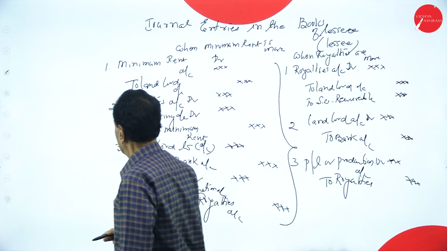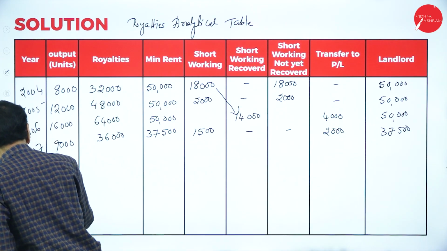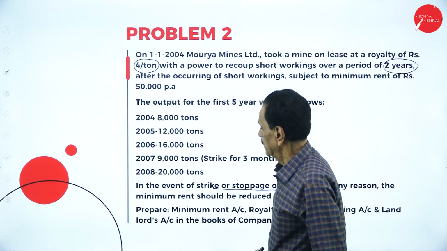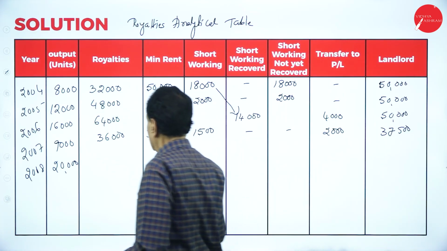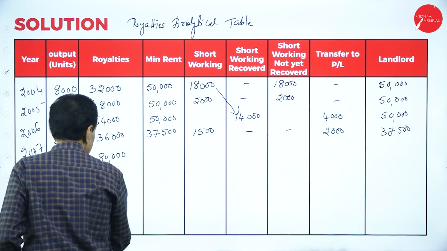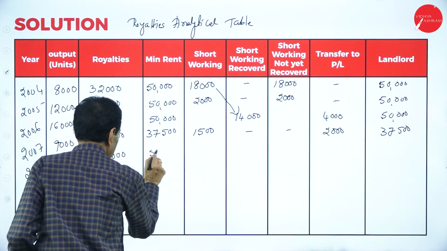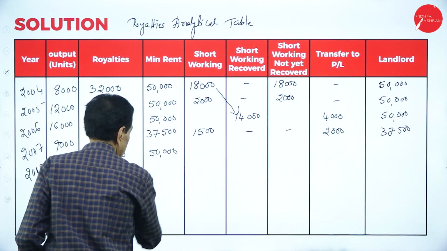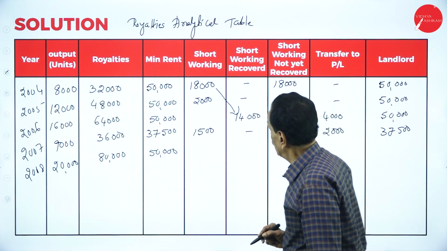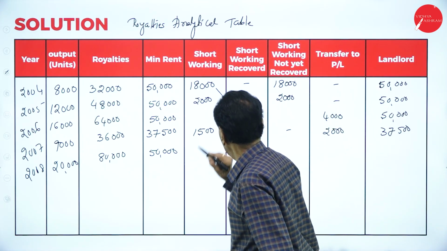2008, 20,000 tons. See that, 80,000 is the royalty, 4 rupees, with a minimum rent of 50,000. How much excess is there? 30,000 is there. How much shortage, for 4,000?